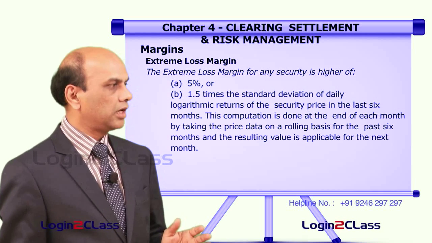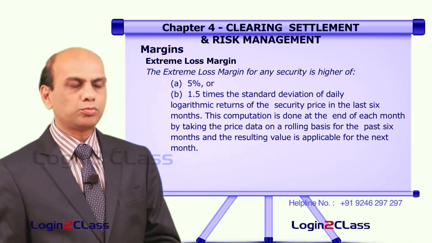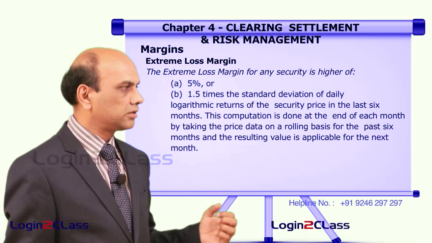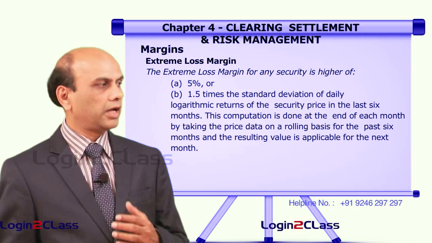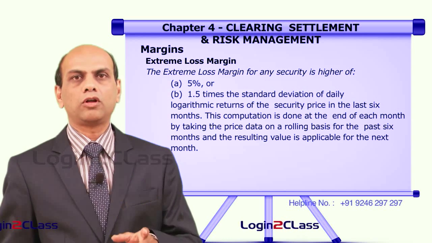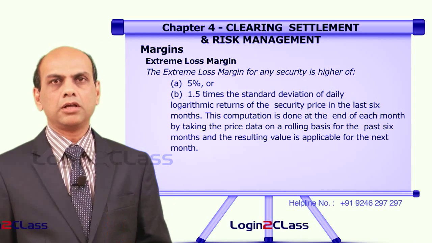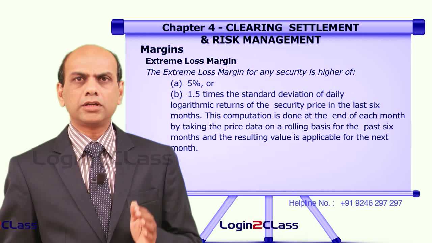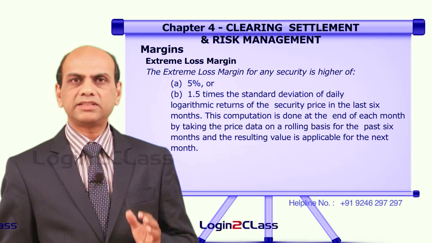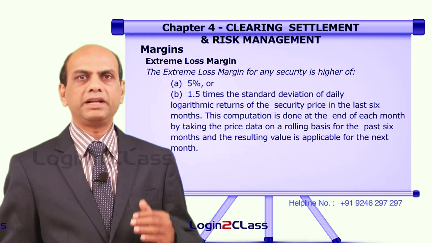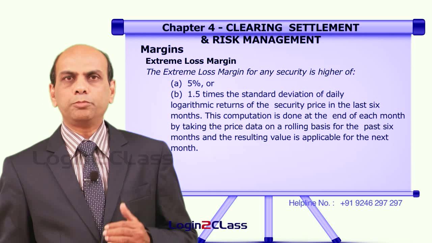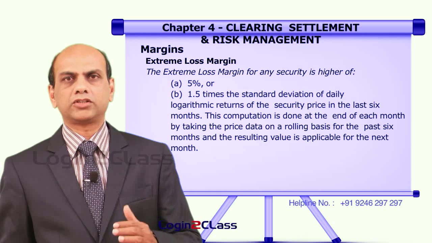This computation is done at the end of each month by taking the price data on a rolling basis for the past 6 months, and then the resulting value is applicable for the whole of the next month. That means by the beginning of the next month we will come to know the extreme loss margin for a security based on this criteria, so that it will be applicable for the whole of the next month.